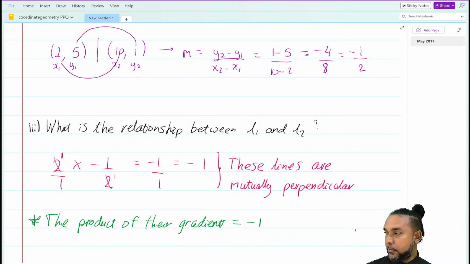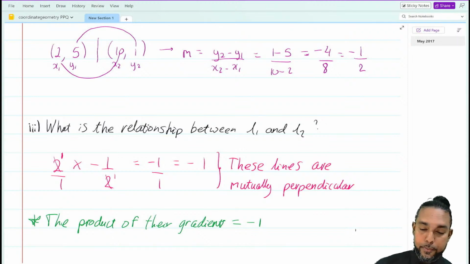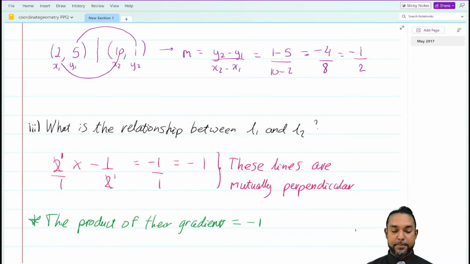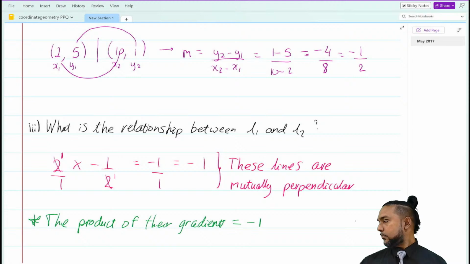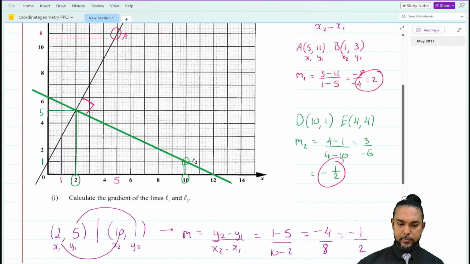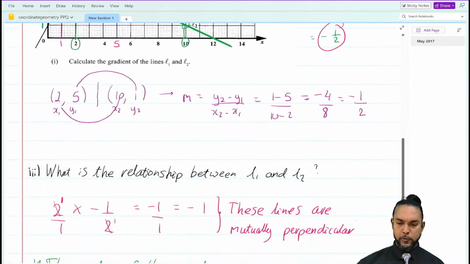Cool. Now we're going to do part 2, and I might copy and paste the diagram.